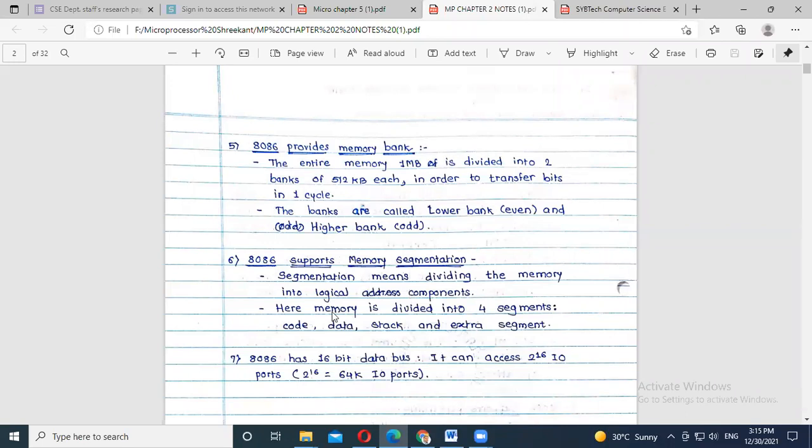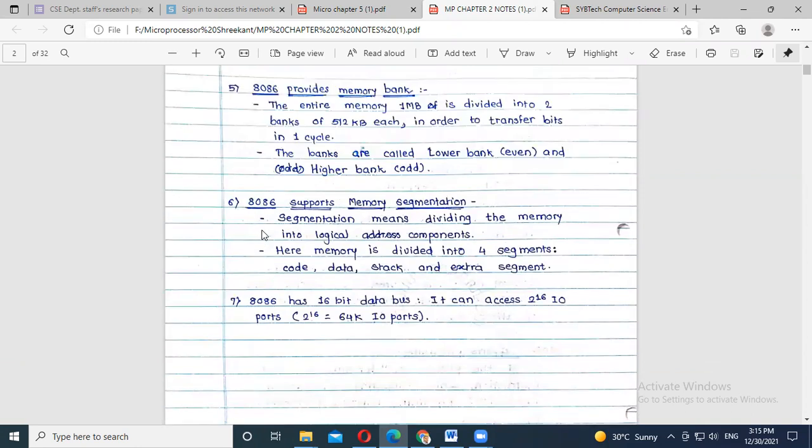Okay. And the seventh main feature of 8086 is that it has a 16-bit data bus. Please, all of you remember, 8085 has an 8-bit data bus, but the 8086 has a 16-bit data bus, and it can access 2 raised to 16 input and output ports.